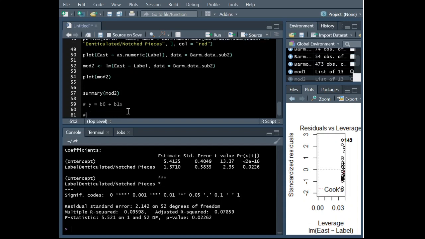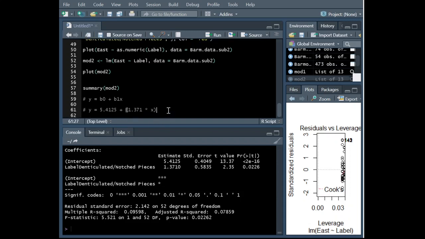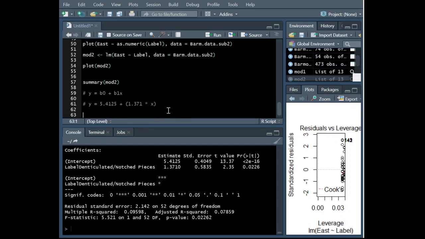In this case, what that equation really looks like is what we're trying to predict, y, is equal to the intercept, 5.4125, plus the slope, 1.371, times x, times what is on our x-axis. That's the equation for this linear model that we've just built.